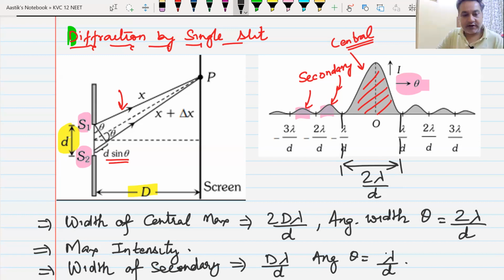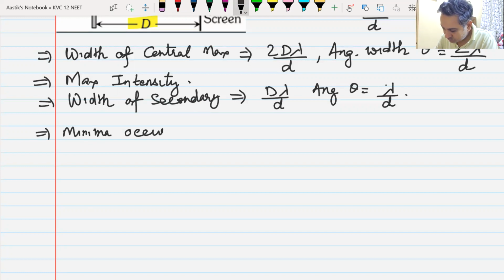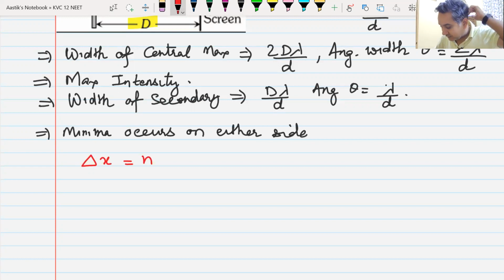Okay. The next point that we have to note down is that on either side of the central maxima, minima occurs. For minima, the path difference delta x is n lambda.